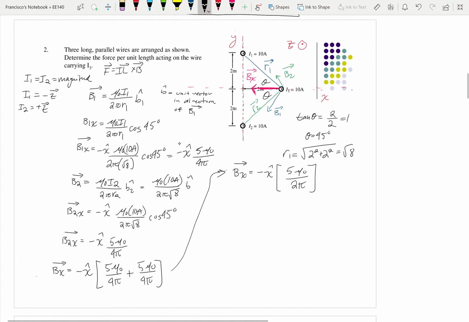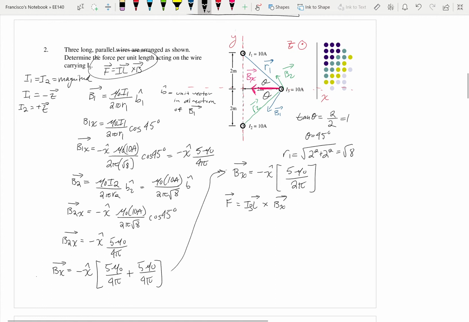Now, but that's not the answer. We're trying to find the force per unit length. Using this equation here that we mentioned at the beginning, we have the force equals I L cross B. It's cross B, but in this case we're going to call it Bx, okay? So this is going to be I3, okay?